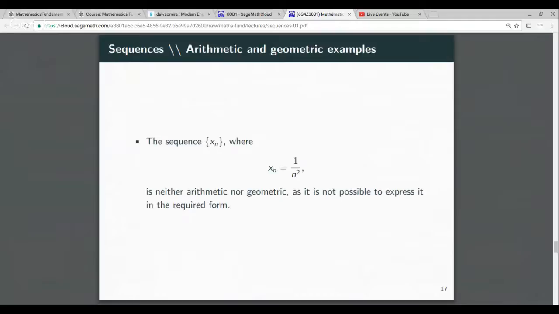If you think about it a bit, that is not arithmetic, and neither is it geometric. The elements are not increasing by a fixed step size that's added on each time, nor by a fixed multiple that's multiplied by the previous element each time. So that is neither arithmetic nor geometric.